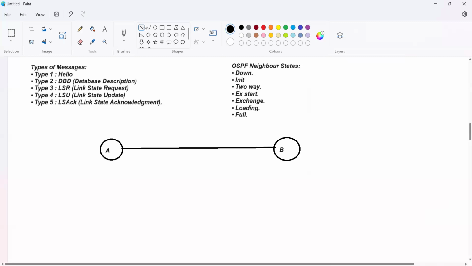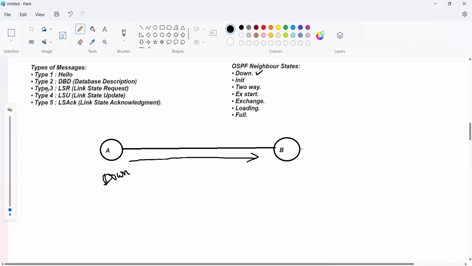First we configure OSPF with the command router ospf and the process ID. After that we configure only this router, not the other router. So that is the down state, meaning we configured only one side. This router A started the process, but we have not configured both ends.